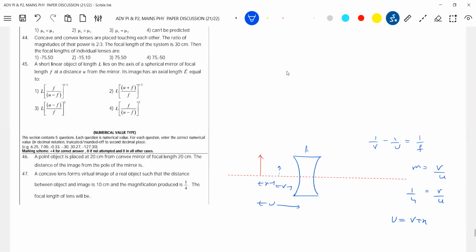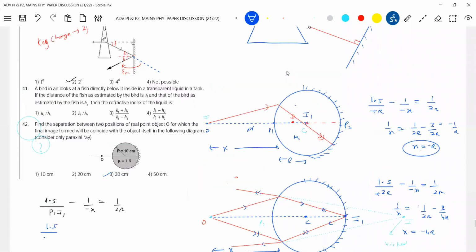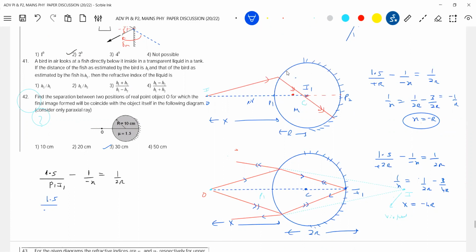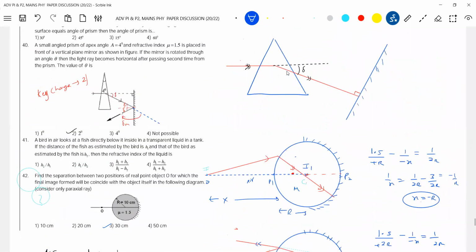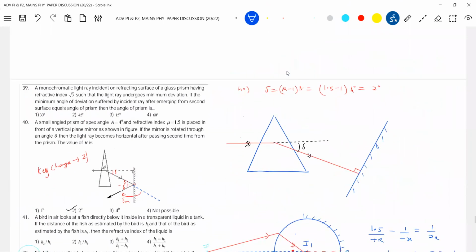Question 41, refraction at apparent depth formula. I don't have a place here. Yeah, I'll solve it. 41.